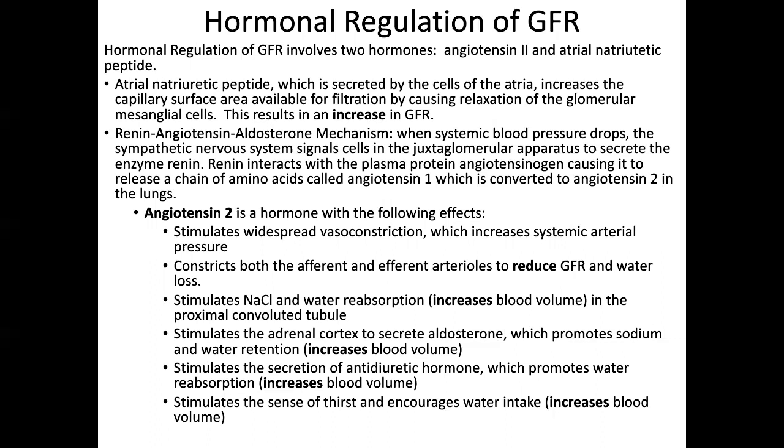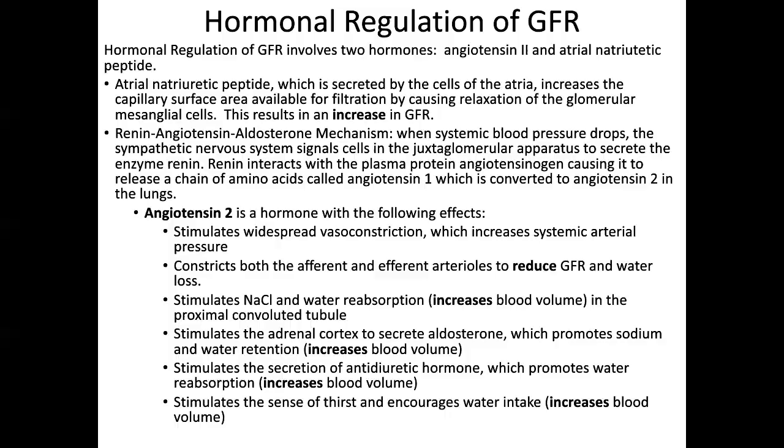Okay. It involves that renin angiotensin aldosterone mechanism or system or whatever you want to call it, which happens when our systemic blood pressure drops. And that results in the sympathetic nervous system signaling cells in the juxtaglomerular apparatus to secrete the enzyme renin. Renin interacts with the plasma protein angiotensinogen, causing it to release a chain of amino acids called angiotensin 1, which is then converted to angiotensin 2 in the lungs.